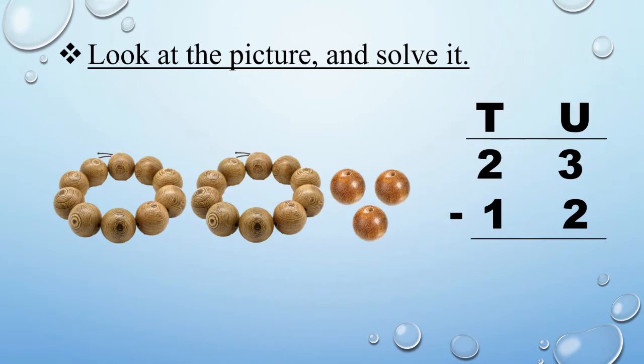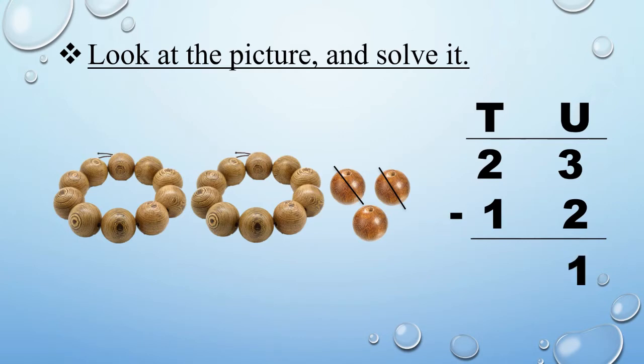Now first we will see the units place here. 3 minus 2 means 3 units were given, which means 3 separated beads. If we cut 2 beads, 1, 2, how many remain? Yes, 1. So 3 minus 2 is equal to 1. So we will write here 1.